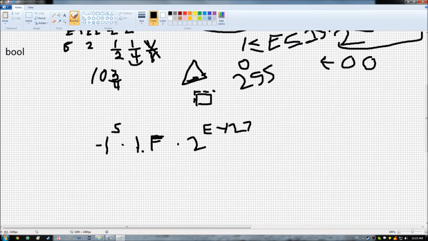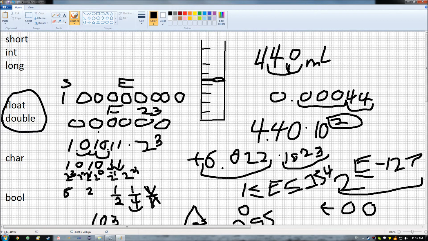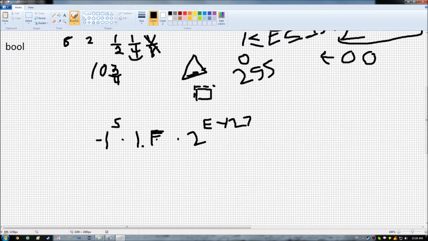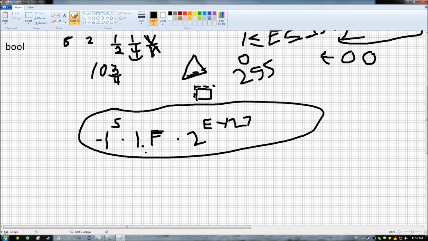And in case you go to a double, you can relatively easily guess how this ends up: you probably have a larger exponent, and the fraction is larger too, because you don't have to double the size of the sign bit. So you can just fill in as needed, and this has to scale appropriately to match the increased size of the exponent. But for floats that are 32 bits, this is the general way in which they are expressed mathematically.